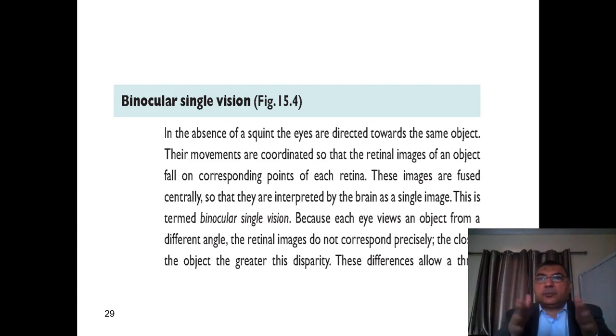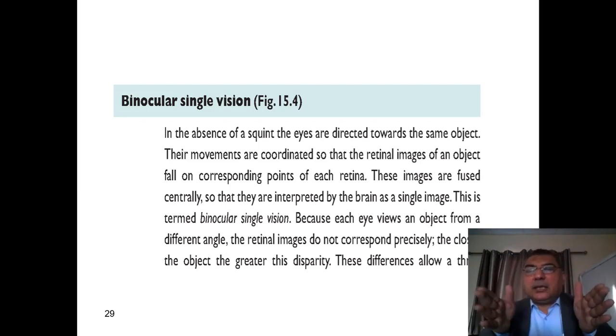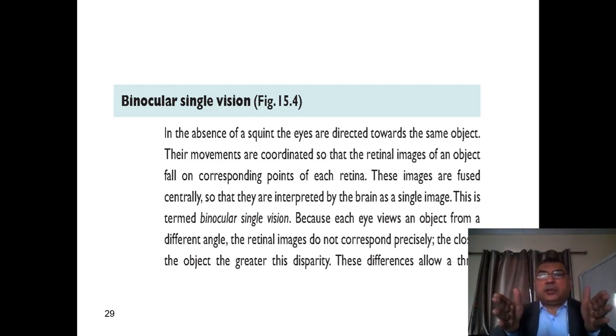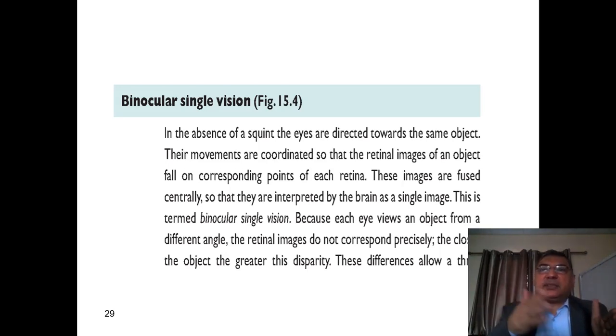For images to be fused, they should be slightly dissimilar, but the same image. When the eye deviates, there is a totally different image, and so there is no fusion. There is confusion, there is suppression, and prolonged suppression of the image of the affected eye will result in amblyopia. If it persists above the age of 9 years, it will produce permanent defective vision in this eye.